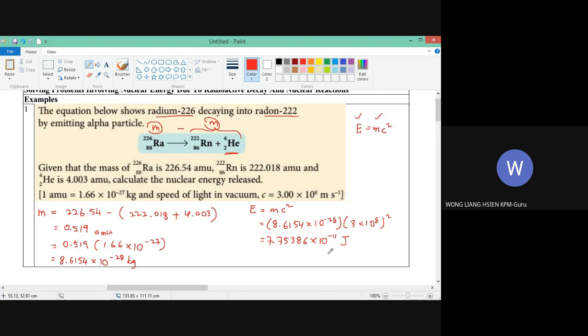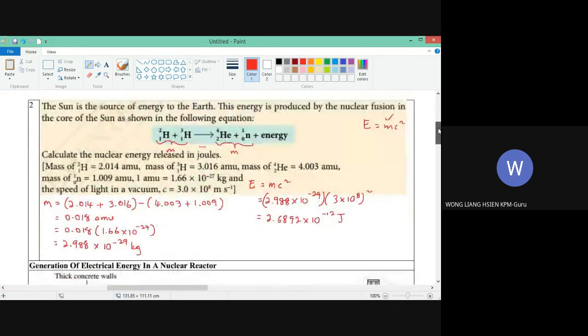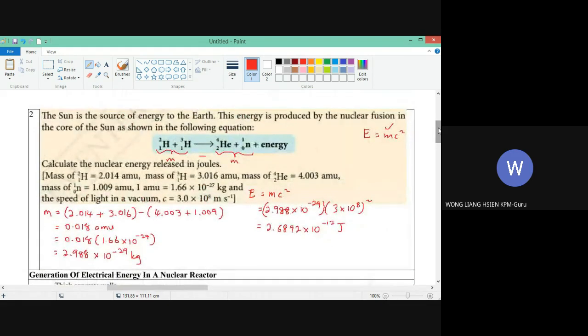Mass to mass, compare 1 kilogram of uranium after undergoing fission, the amount of energy is many times more than burning 1 kilogram of wood, coal, natural gas, petrol, and so on. So that's why we say that we get a lot of energy from nuclear reaction.